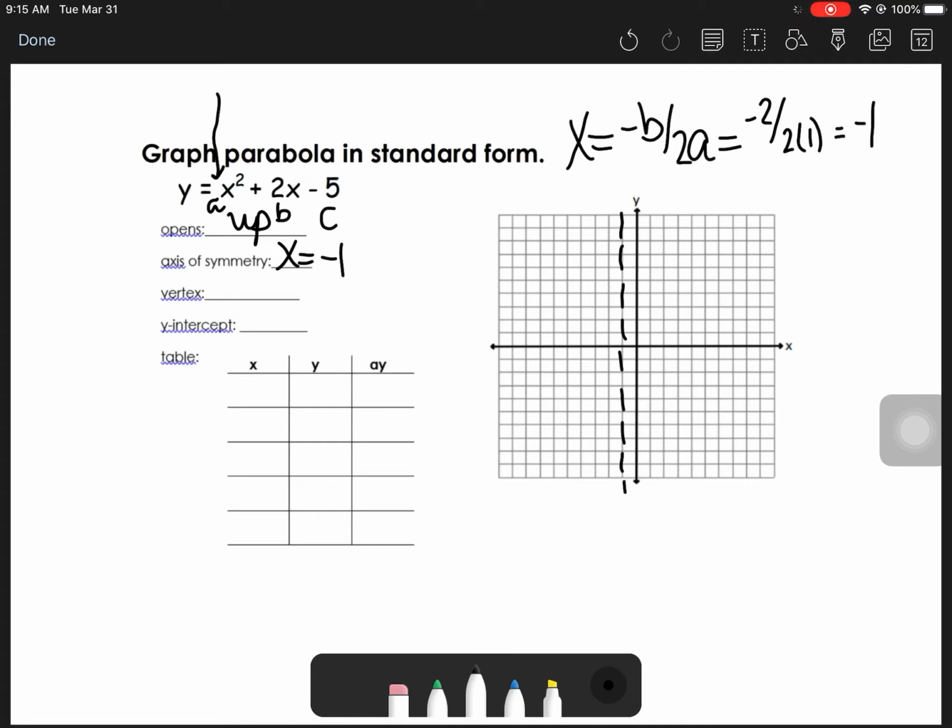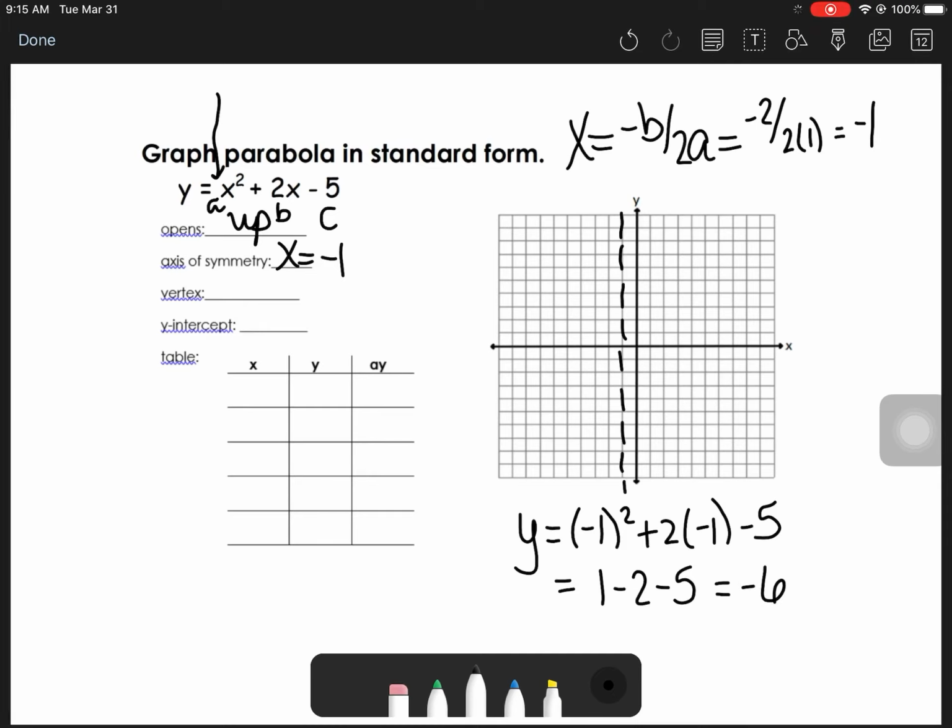Then to find the vertex, we are going to take the x value of negative 1 and plug it in, substitute it into the equation to find our y value. So negative 1 squared is 1, 2 times negative 1 is negative 2, and then we subtract 5. So 1 minus 2 is negative 1, negative 1 minus 5 is negative 6.